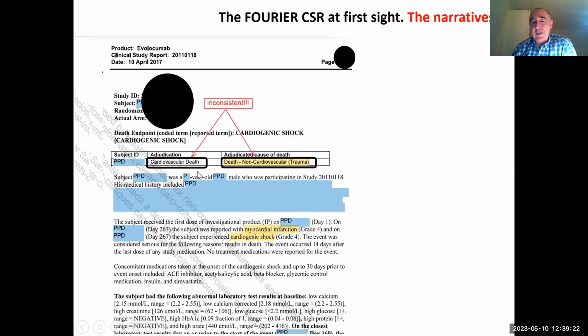This is extremely rare. This is a case adjudicated as cardiovascular death, but then also adjudicated as non-cardiovascular death, trauma. But if you read the narratives, you can tell that this was a myocardial infarction in a patient who also experienced cardiac shock.